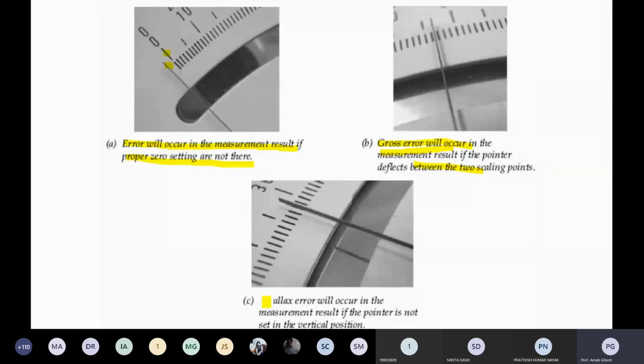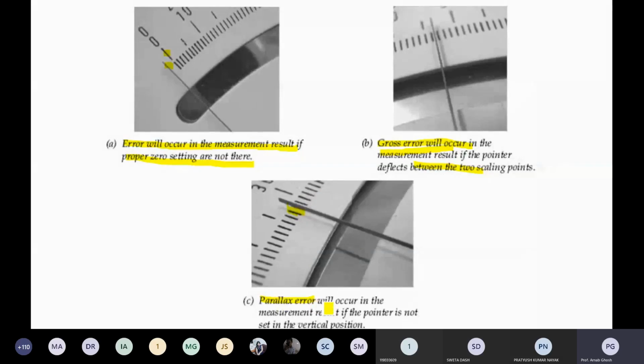Parallax error is also there. If your eye is not perpendicular to the pointer, such an error may come. The actual reading is there, but you read another scale mark.